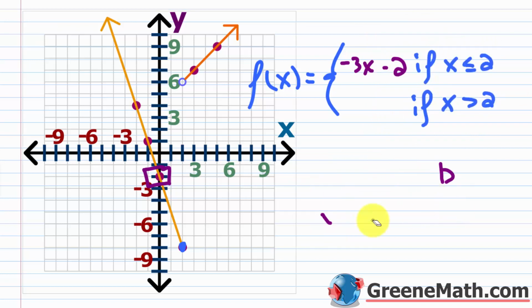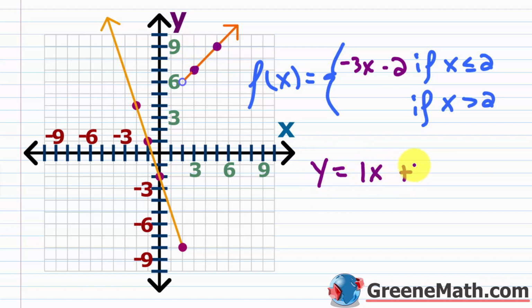Okay, so what about this one over here on the other side? We don't have a visible y-intercept, but that's okay. We can still go through and figure this out. We can see that our slope here, if I start here, I would go up 1, 2, and to the right 1, 2. So the slope is 1, right? It's 2 over 2. So y equals 1x plus, what's the y-intercept going to be?